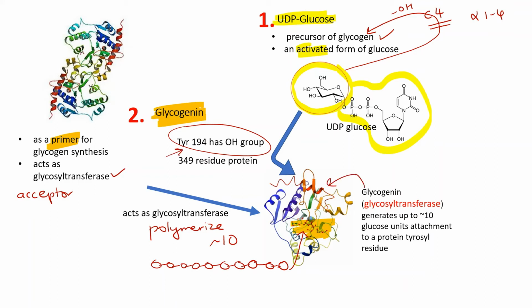So position tu lah di mana the first glucose will attach to. Sebab apa? Because of that tyrosine has hydroxyl group. So dia senang nak attach to that hydroxyl group. So now that we have 10 units of glucose that is attached to glycogenin, so what's next?